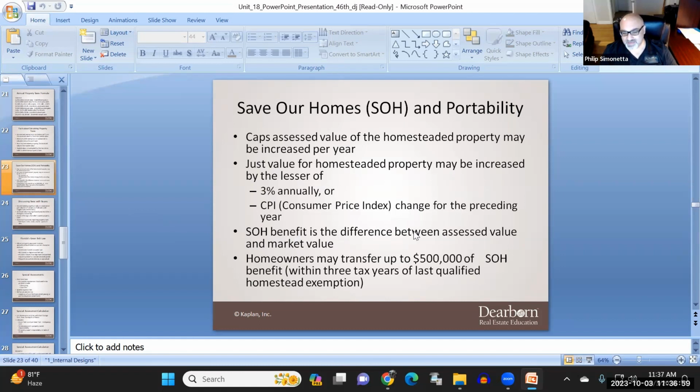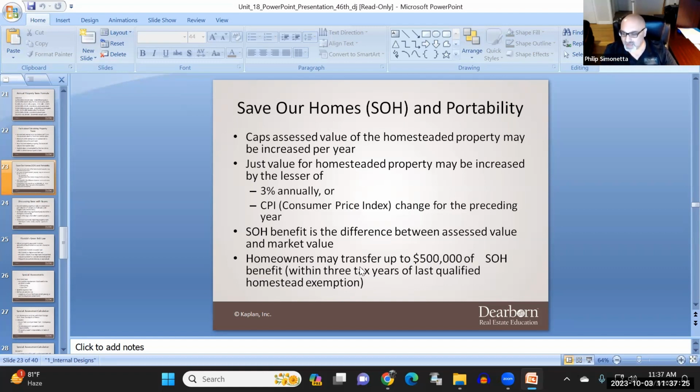So what this is, a homeowner may transfer up to 500,000 of Save Our Homes benefit within 3 tax years of the last qualified homestead exemption. So if your homestead is exempt right now, and let's say you have a $120,000 difference, say it's a 500,000 value and it's assessed at 380. So you have a $120,000 difference there, right?